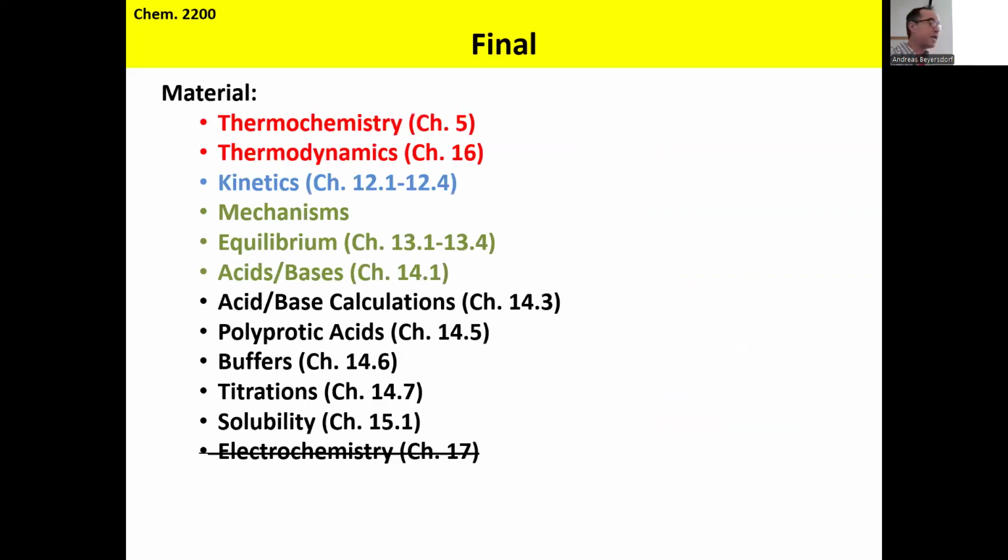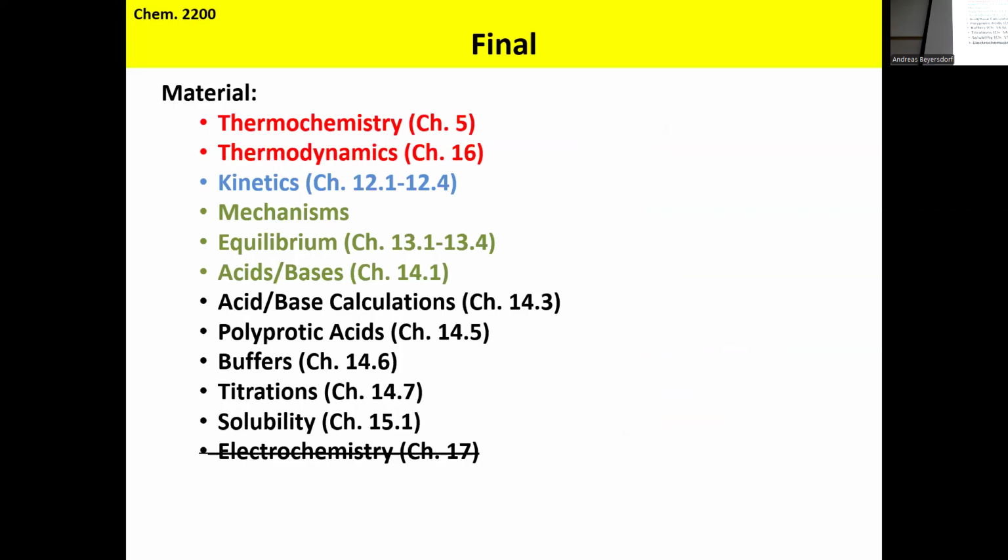All right, so this is everything that's on the test. Remember at the beginning, we started with thermochemistry and thermodynamics. That was test number 1, in red. What's thermochemistry about? Heat, energy, right? It's the energy associated with reactions. Then we went on to kinetics, that's chapter 12.